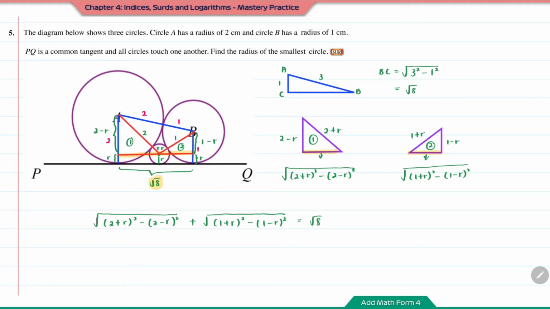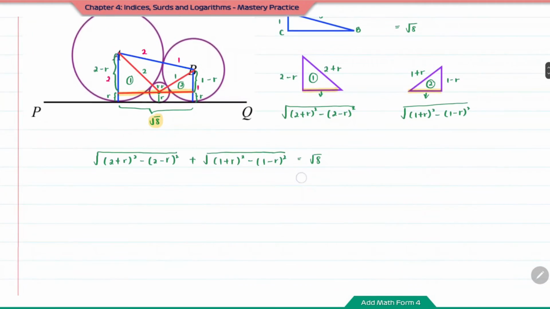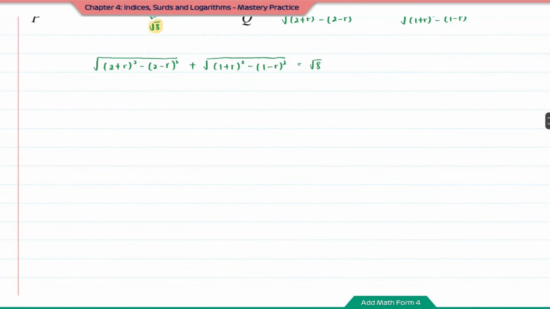so now we are going to expand this. So here is going to be 4 plus 4r plus r squared, minus bracket, so here you will have 4 minus 4r plus r squared.